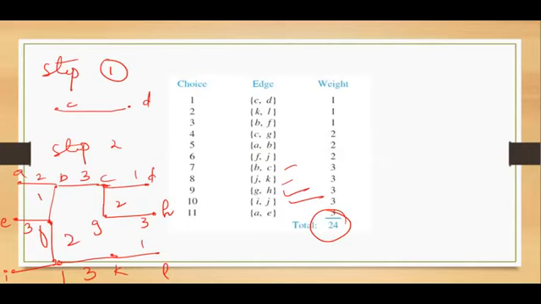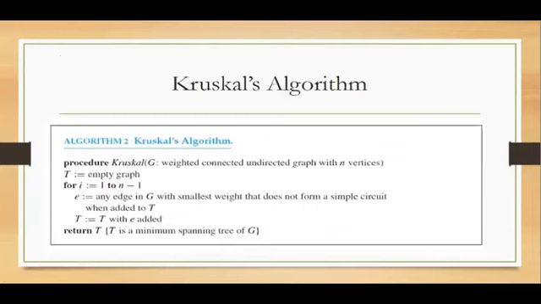And also, I'll show you the algorithms of how you're supposed to solve it. So Kruskal's algorithm: the input will be a weighted, connected, undirected graph with n vertices. You have to take an empty graph T, for i equal to 1 to n minus 1. So in this case, your loop will run n minus 1 times.